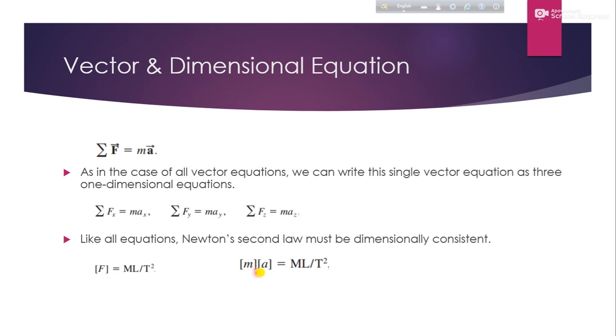And if you see the dimension of m into a, m means M and a means acceleration, so L per T squared, so M L by T squared, the same dimension. That means the equation is valid. Whenever in future in physics you want to generate some equation, every time you must check the dimensional validity of that equation, otherwise it would not be applicable to any physical thing.